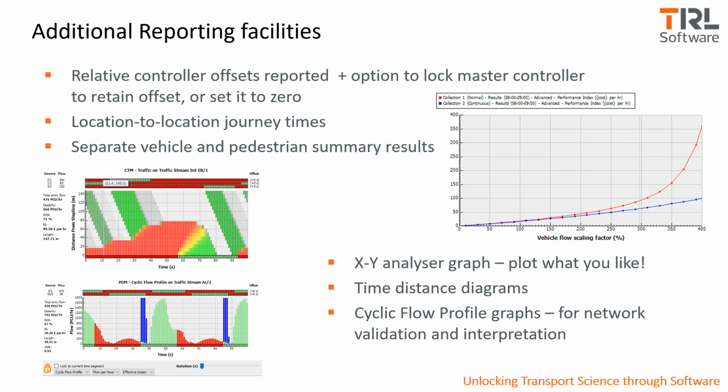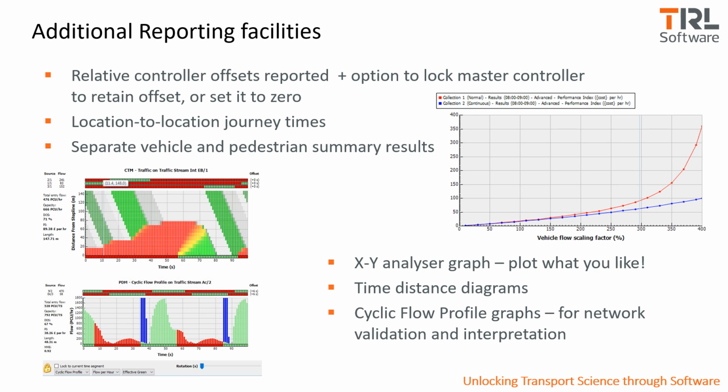Some of the diagrams are shown there. You've got the XY analyzer graphs shown on the right hand side there. More or less you can plot any X parameter against a Y parameter, so it gives you really great flexibility, and you can have multiple graphs plotted on one diagram, so it can be used for quite a lot of different purposes.